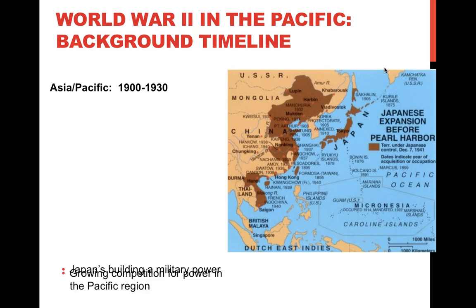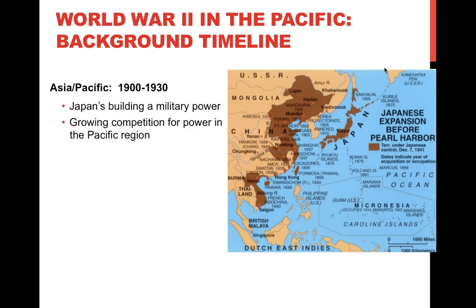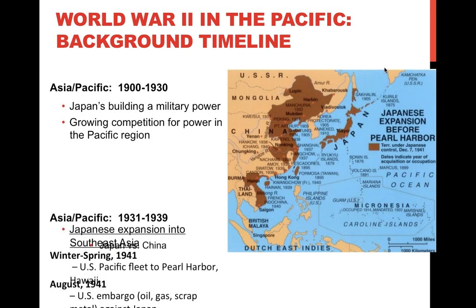And a big part of that was building up their military. And so what you see between 1900 and 1930 is Japan is building a major military power, and they were growing their power in the Pacific specifically, and they were becoming the number one competitor to the United States for power in the Pacific. You probably remember learning from an earlier video or screencast that by the early 1900s, the United States had established itself as a Pacific power.